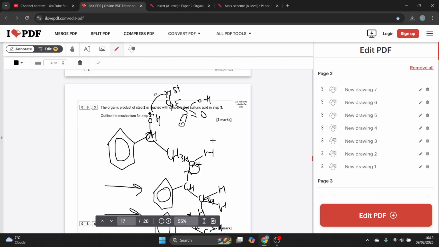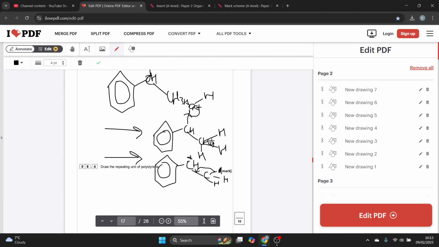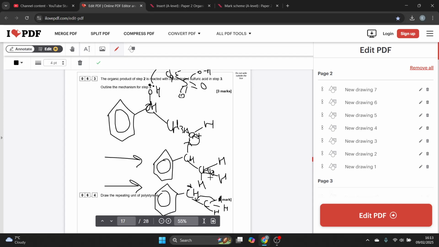Okay, so lone pair of electrons on the oxygen, H plus bonds to that, transfer electrons to oxygen delta negative. You get that, and then it wants to leave as an H2O molecule. That's fine, and then form the double bond.